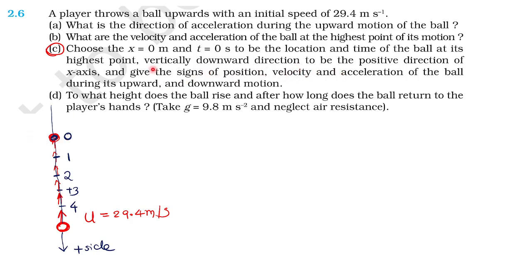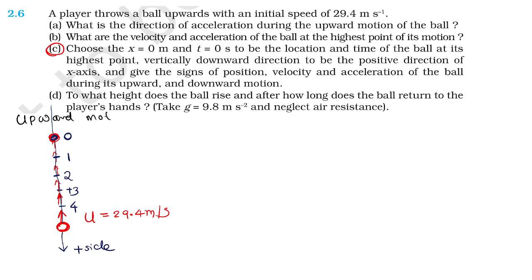Okay, so what is our question? Give the sign of position, velocity and acceleration of the ball during the upward and downward motion. So during upward motion, what is the sign of position, velocity, acceleration? Let it be case 1, upward motion.